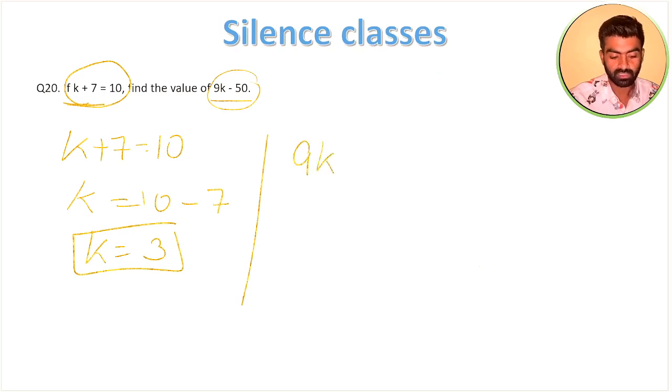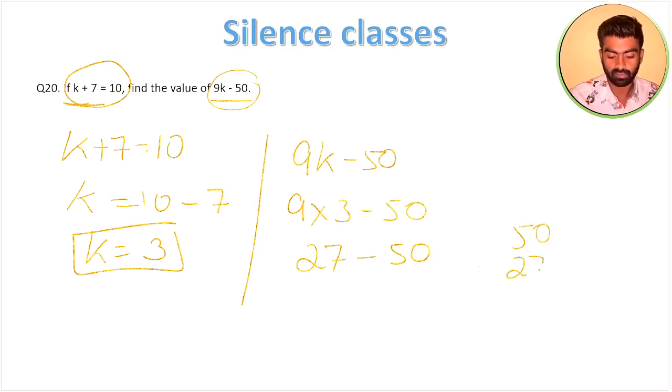So 9k minus 50. So 9 multiplied by, because there is no sign, we can put the multiplication sign, 3 minus 50, 3 9s are 27 minus 50. Once I subtract, 50 minus 27, you will get 23, and the number with the bigger value, we will put that particular sign. So we got minus 23, and this is the answer.